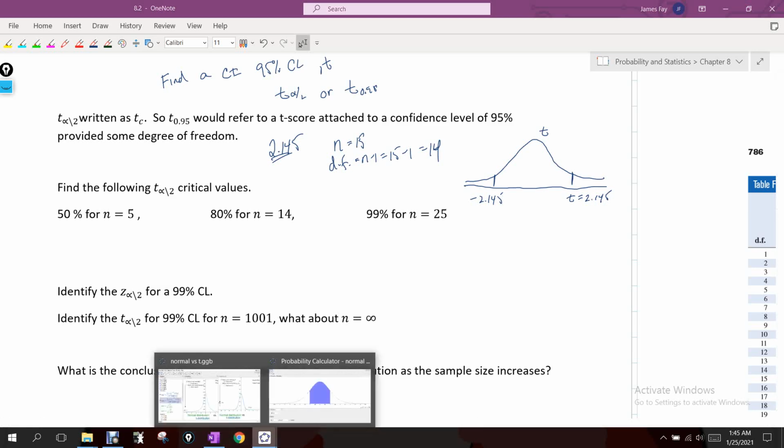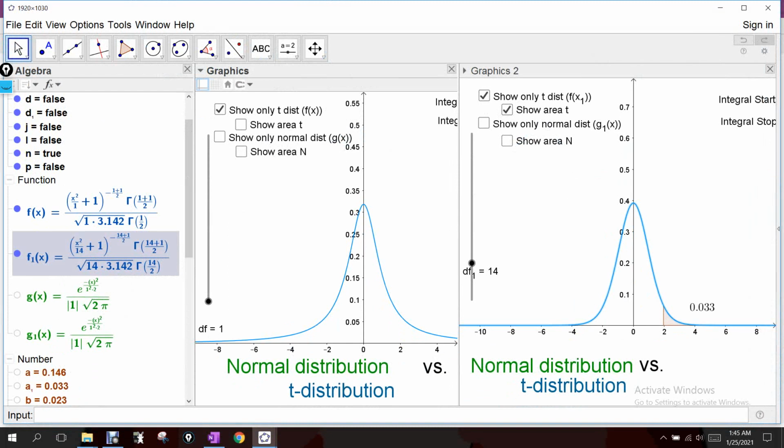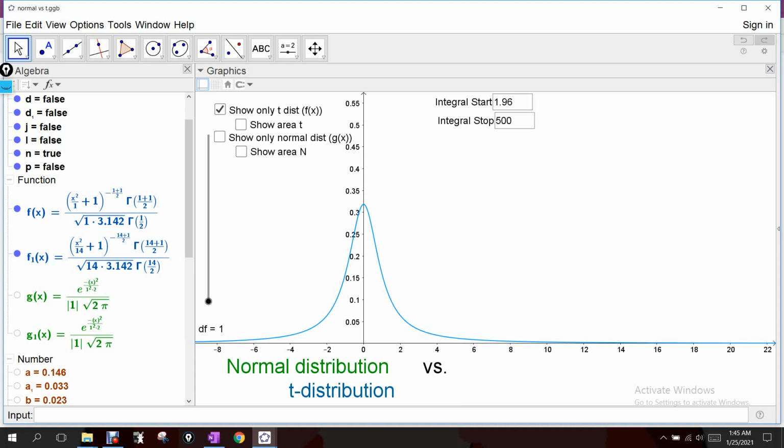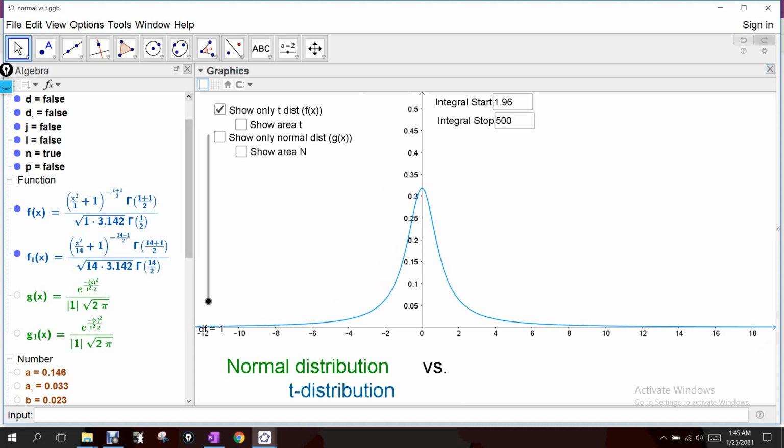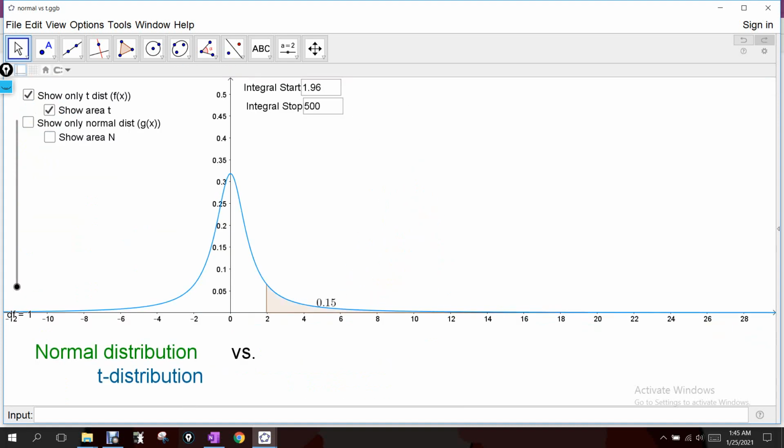Let's see if that is confirmed here on one of these. I don't need both of them, so let's get rid of that one. I'm going to show the area under the t distribution. I want my interval to start at negative 2.145 and go up to a positive 2.145.